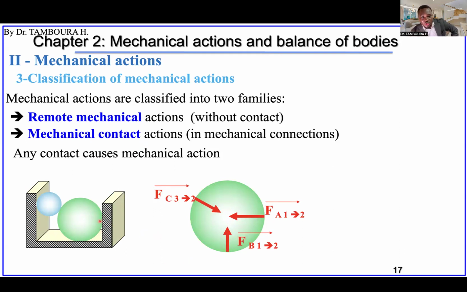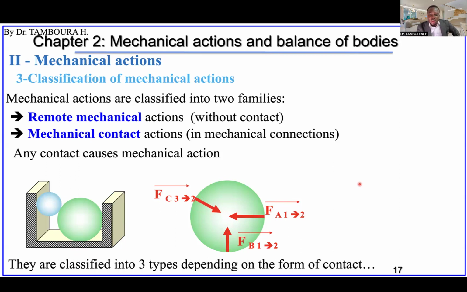The contact between this ball and this wall is causing this force, this mechanical action. The contact between this ball and this wall will cause this mechanical action. And the contact between the small one and the big one here will cause this action. Anytime there is contact, there is an action.